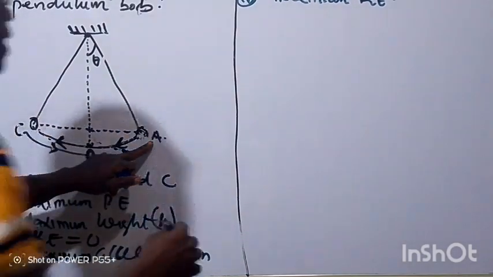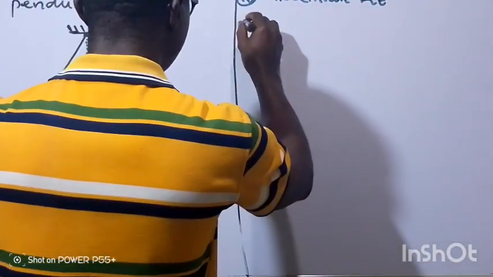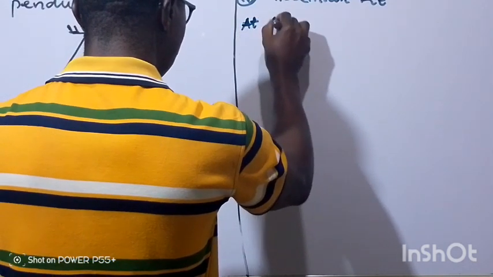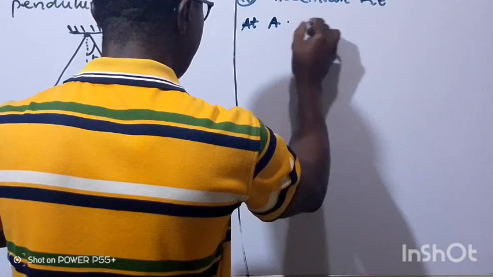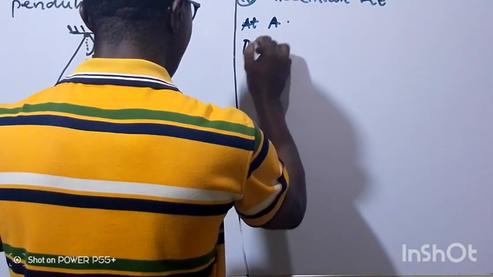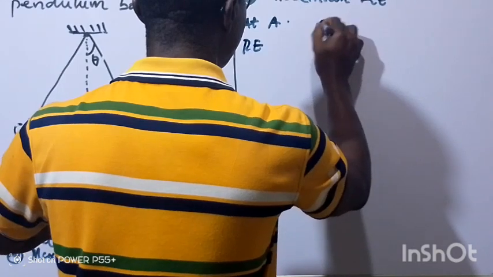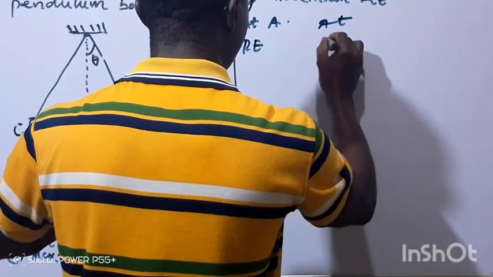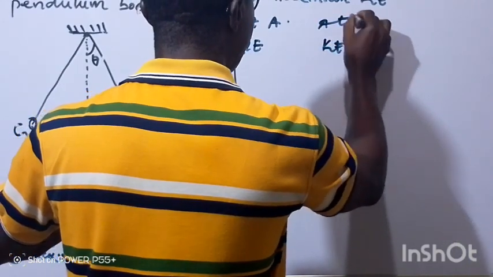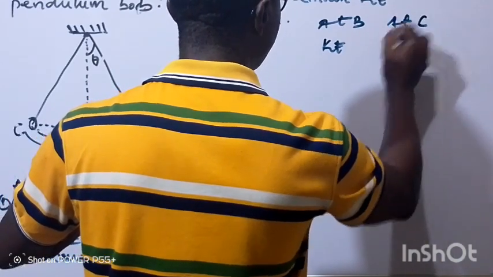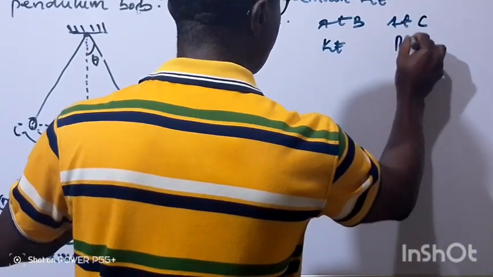Since we said at A, then we have maximum PE. At B, we have maximum kinetic energy. And at C, we have maximum PE also.